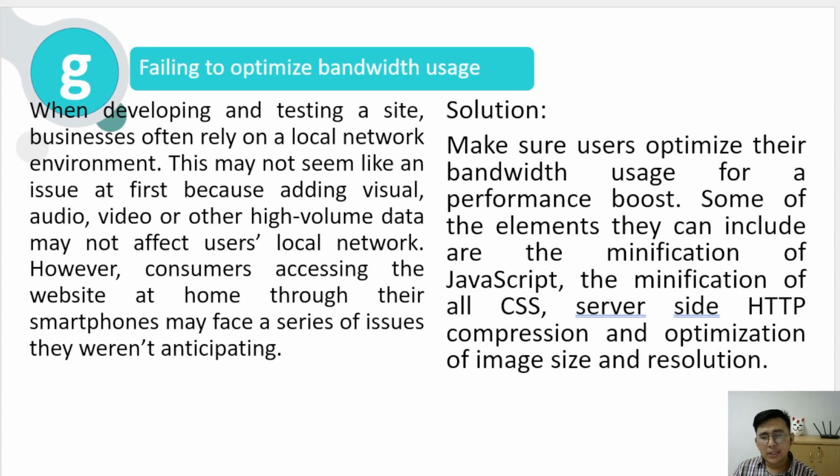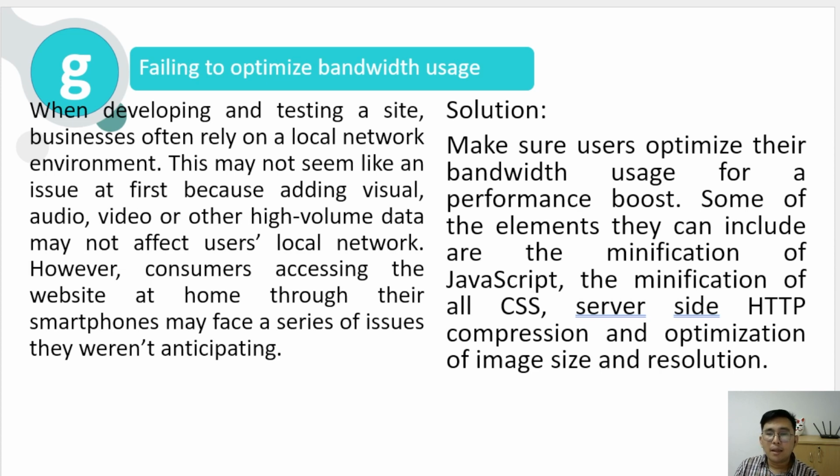However, this makes consumers accessing the website at home through their smartphones face a series of issues they were not anticipating. So the solution is we can optimize the bandwidth use to perform a boost.